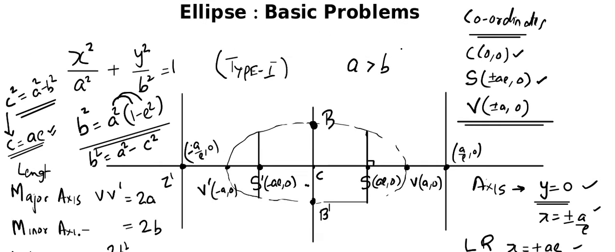Find everything for the ellipse x square by 25 plus y square by 16 is equal to 1.